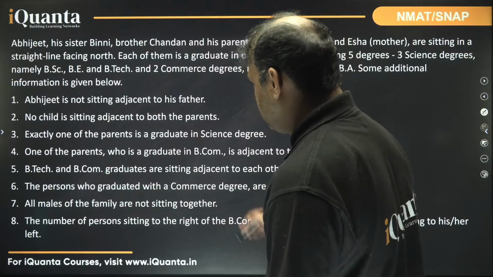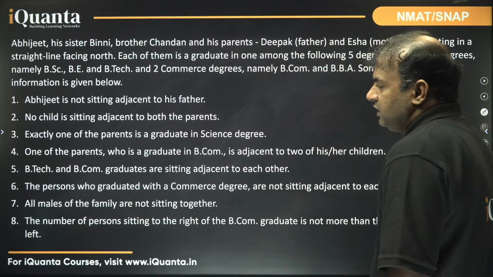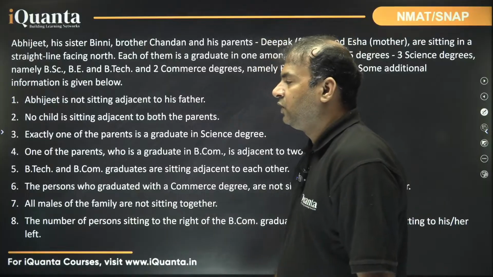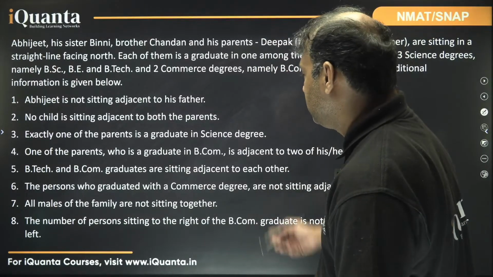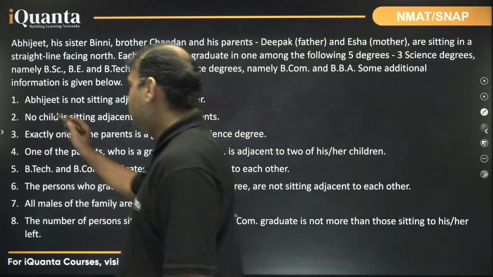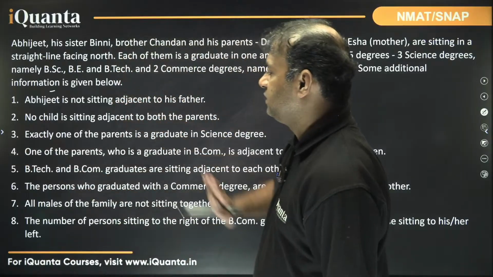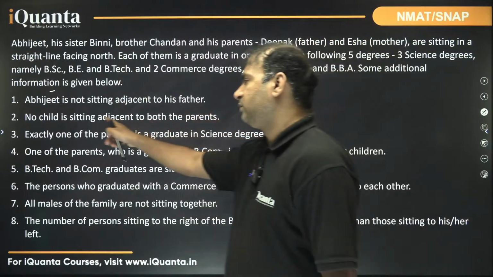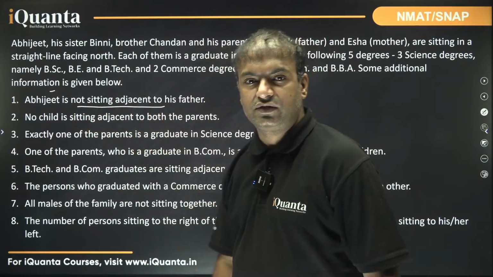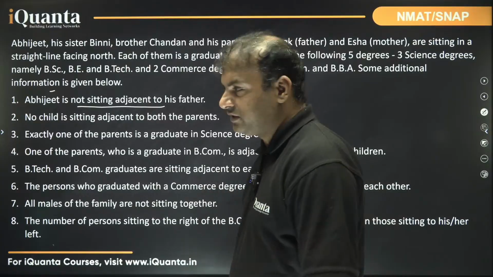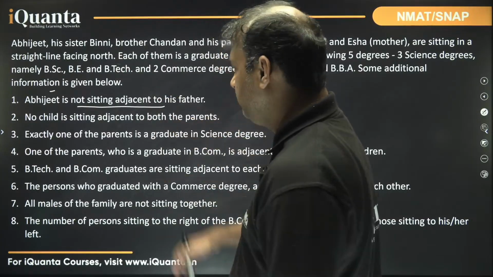So if you look at this, how many pieces of information are we given with respect to individual people or with respect to degrees? Guys, in terms of the people, we only have one piece of information with respect to Abhijit. And that too is a negative information, that Abhijit is not adjacent to his father. So there will be a lot of cases obviously, so it's not safe to start from here.